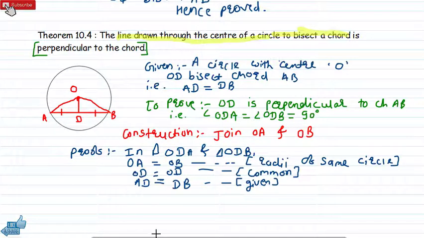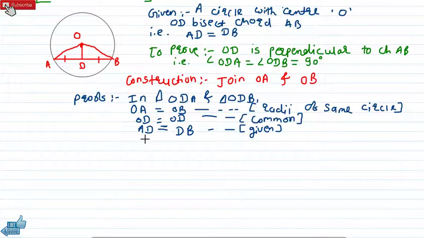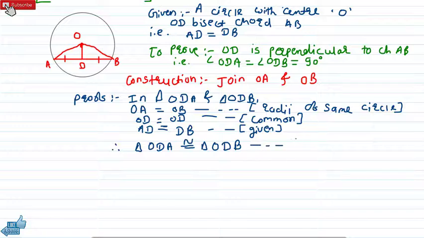Now we just write here all the sides are equal. Then definitely we are using the triple S criteria. So it means therefore triangle ODA is congruent with triangle ODB, and that is by triple S congruency rule.